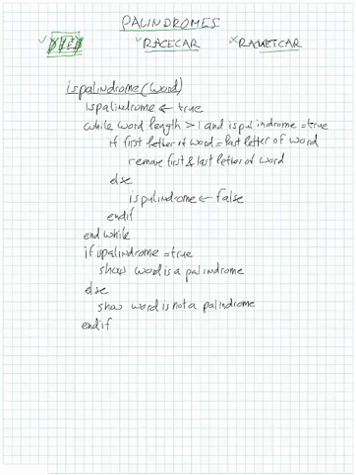But here with this word race car, this has 7 letters, so that's an odd number. What happens with race car? Okay, we compare the first and the last letter, R and R, they are the same. Then we compare with the new word, the first and the last letter, A and A, they are the same.